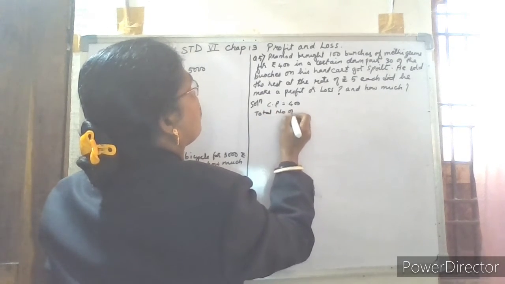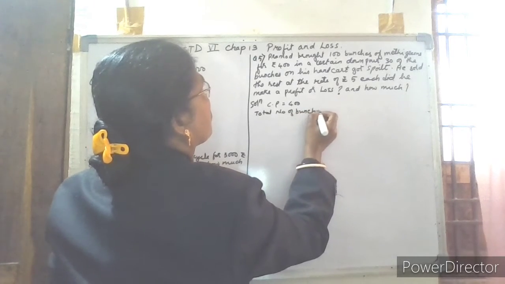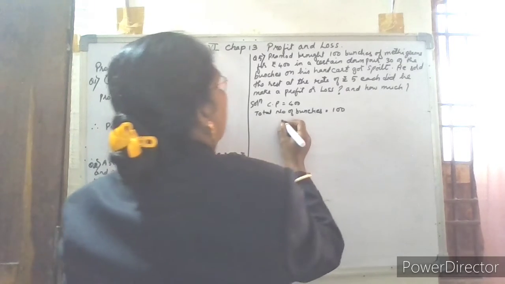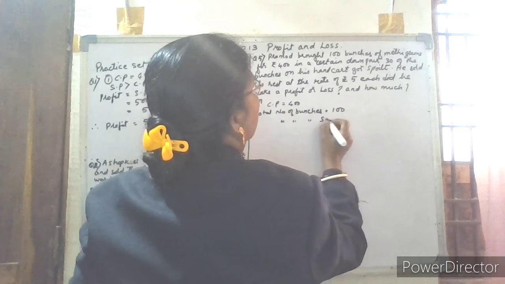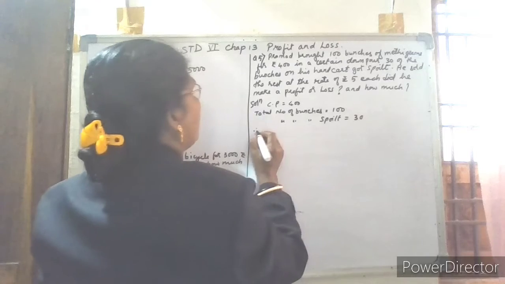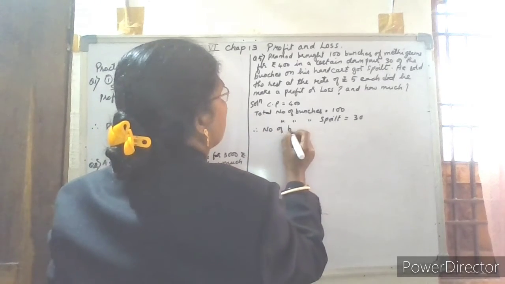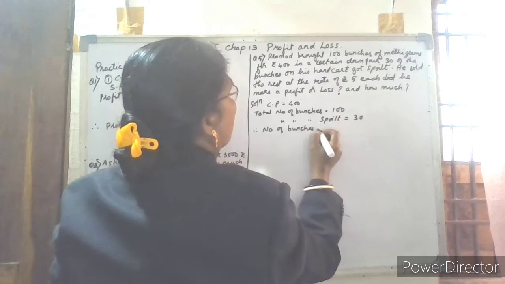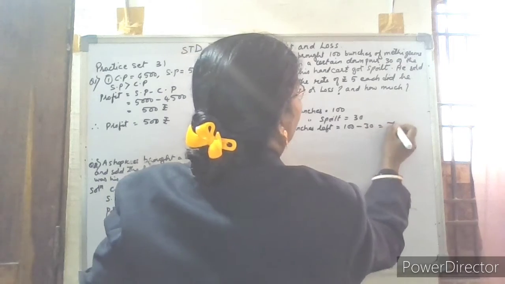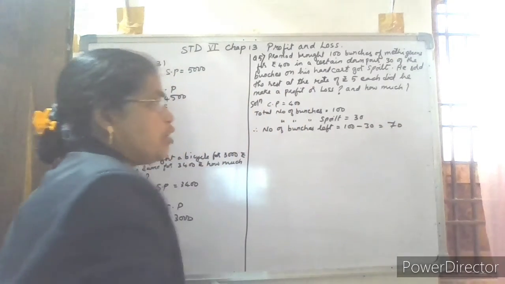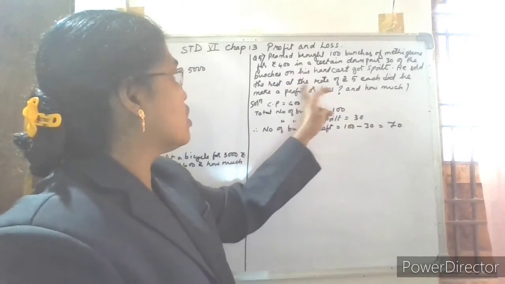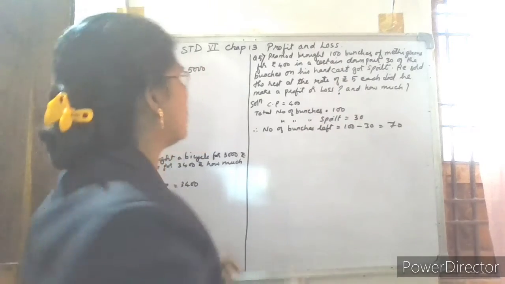Total number of bunches is equal to 100. Number of bunches spoiled is 30. Therefore, number of bunches left is 100 minus 30, that is 70. He sold the rest, 70 bundles of methi, at the rate of 5 rupees each.